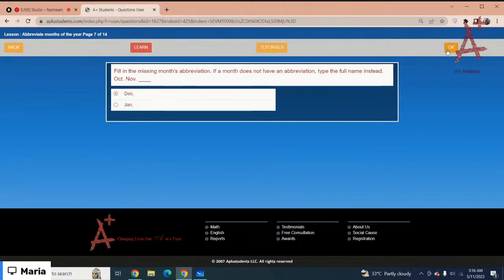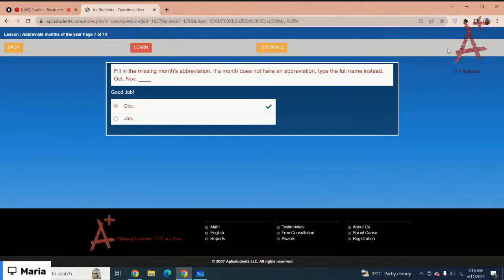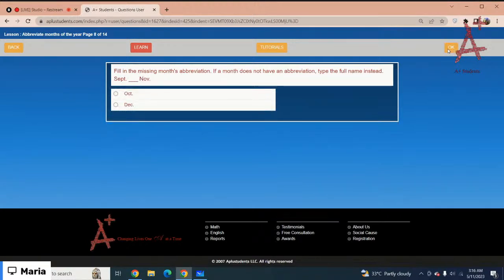That would be the last month of the year. Got it? Which is the month between September and November? Between September and November it would be October. Got it? The correct option is October.